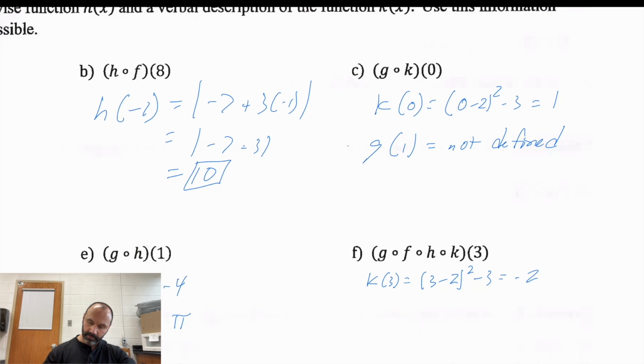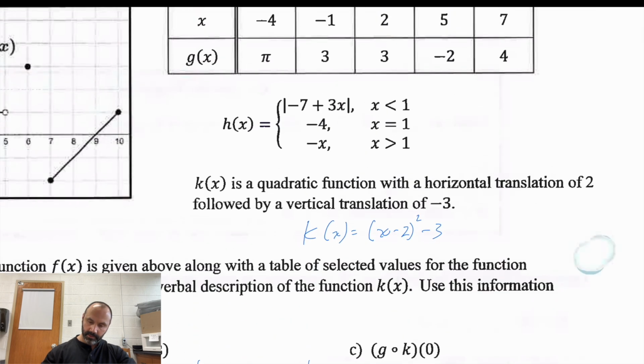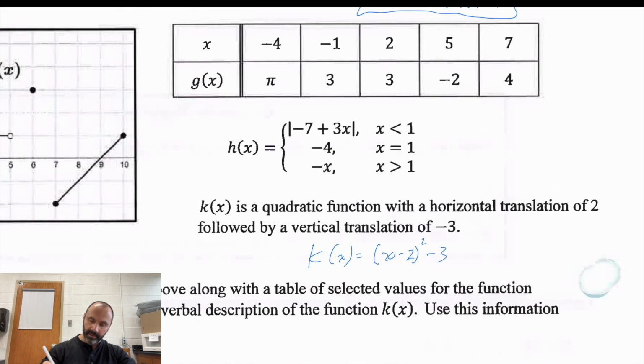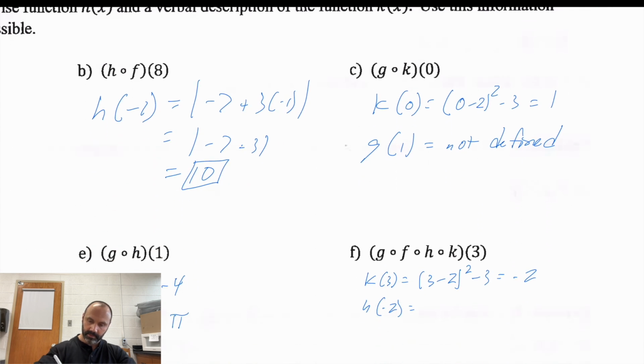h of negative 2, I should say. So I look for h. When I have an input of negative 2, I'm going to be using this part of the function. So negative 7 plus 3x. So 3 times negative 2 is negative 6. So I end up with the absolute value of negative 13, which is just 13.